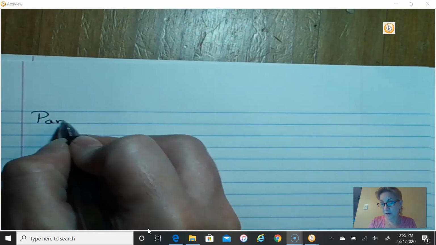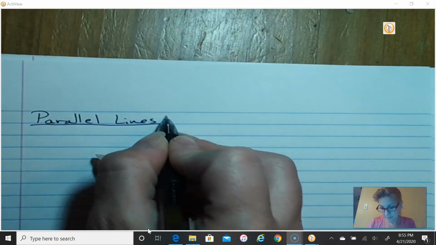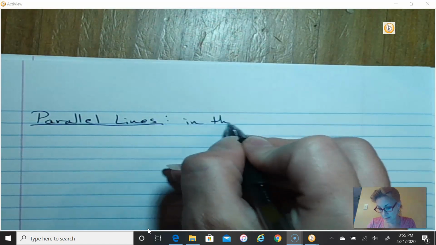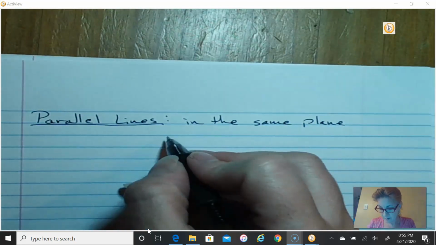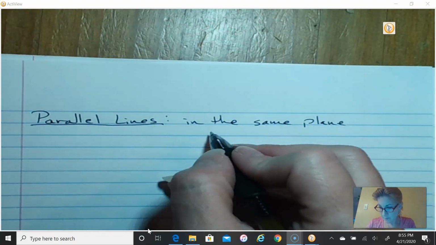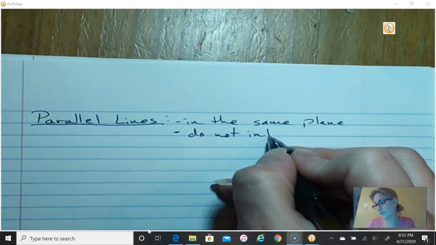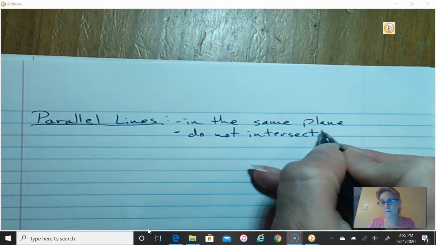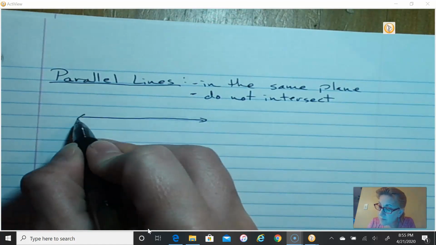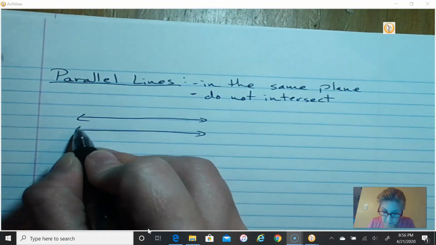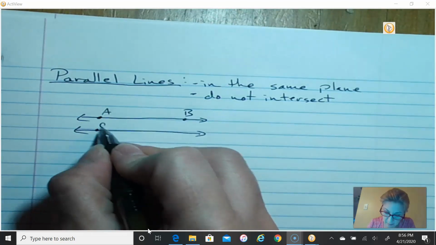Okay, the next one is parallel lines. They're in the same plane. They do not intersect. Y'all should know this by now. I have line AB and line CD.